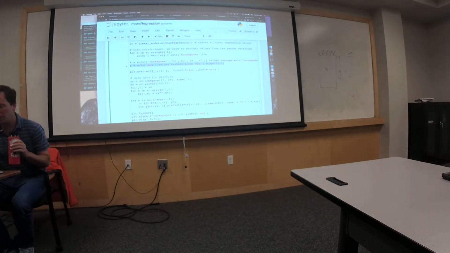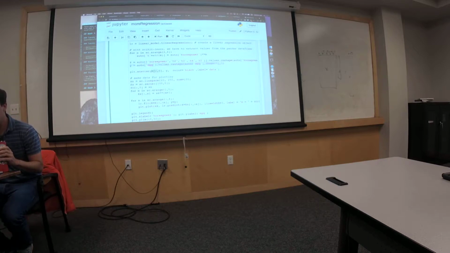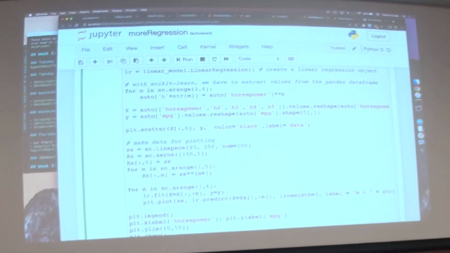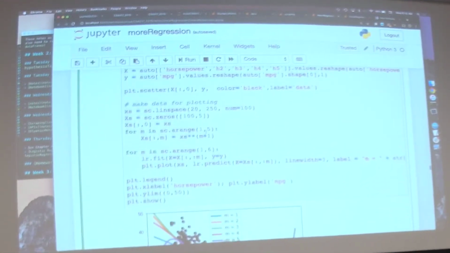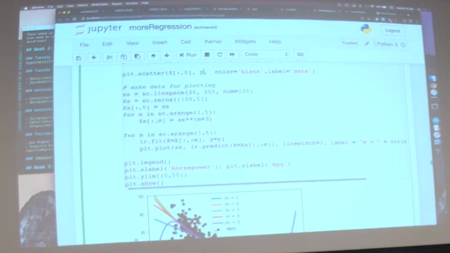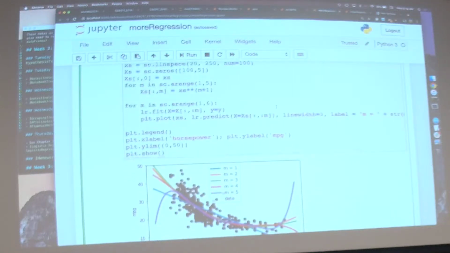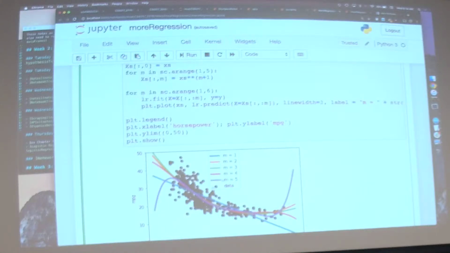Okay. Cool. So we'll just plot the first row. That's our horsepower and our MPGs. Those are the same plot we had before. So we're going to do our fit. We're going to fit the first m columns, so we'll fit a linear, quadratic, cubic, degree 4, degree 5.